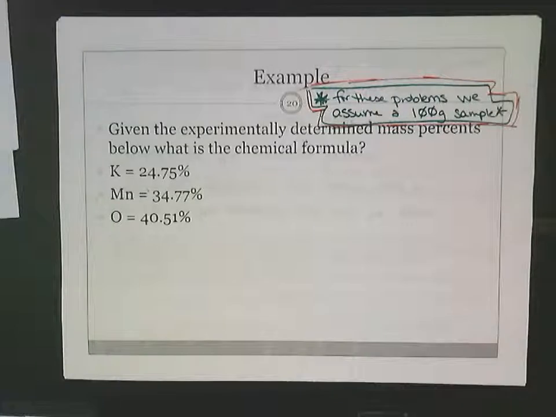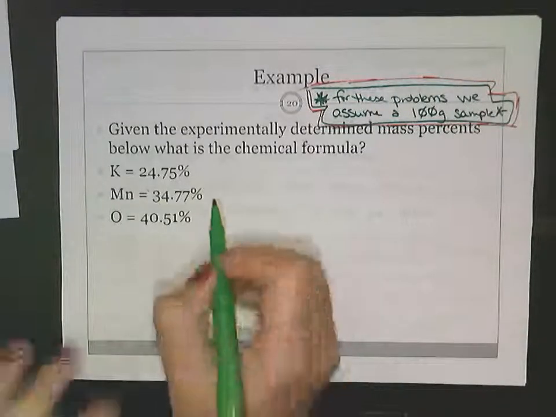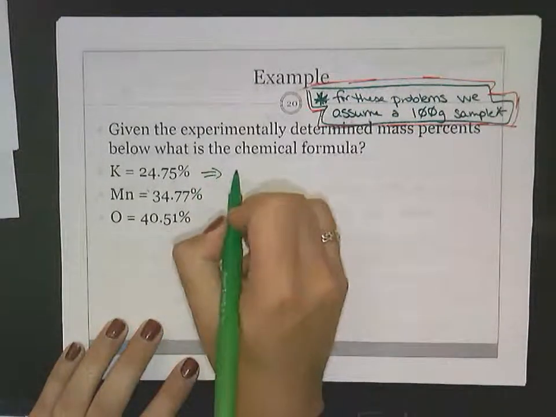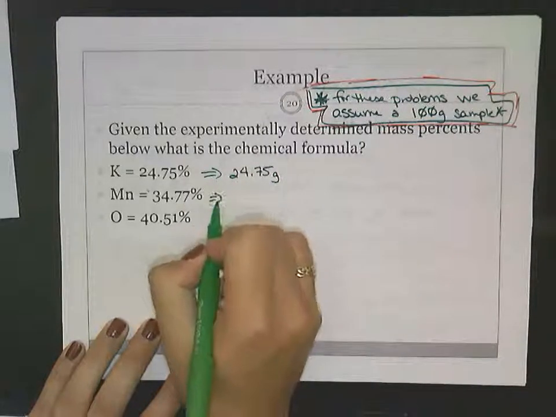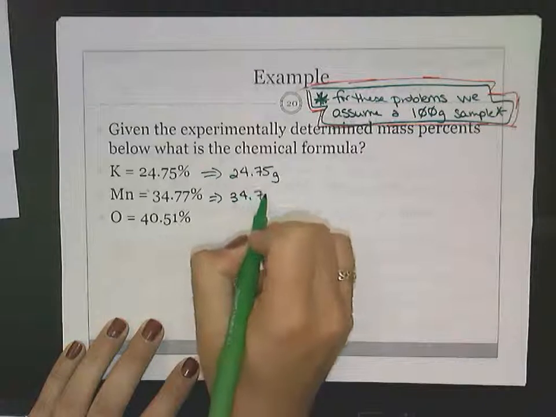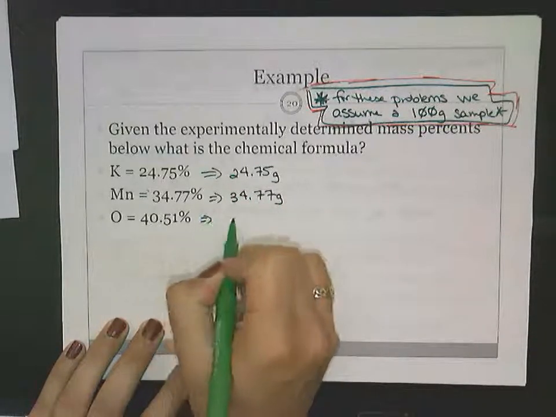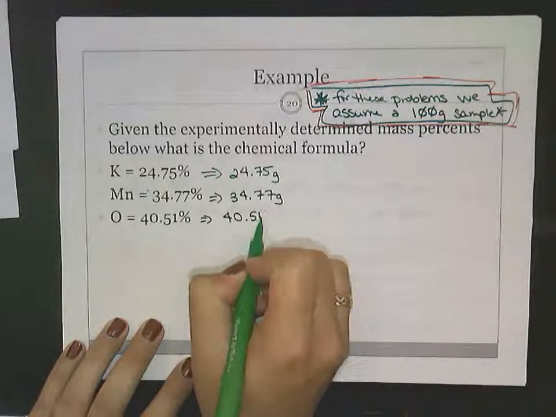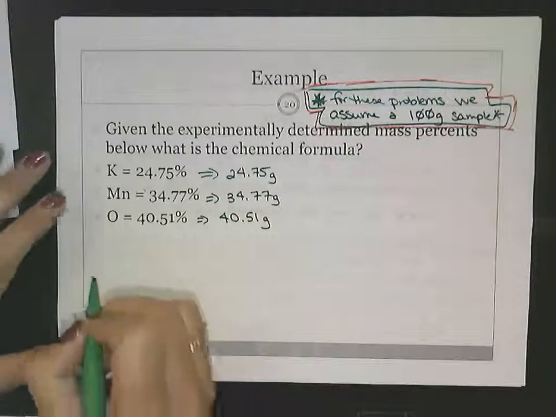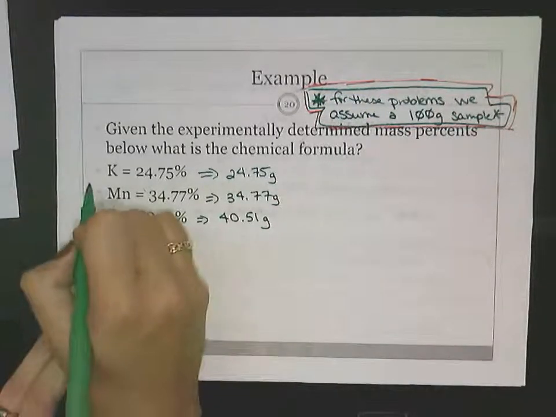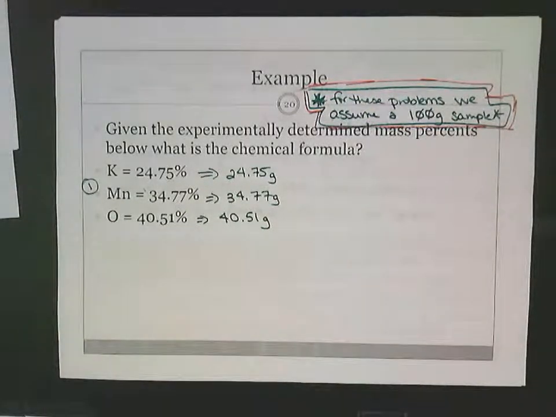So by making this assumption, I can now say that is 24.75 grams. This is now 34.77 grams. And this is now 40.51 grams. All right, so that was really step one, converting those percentages to grams.